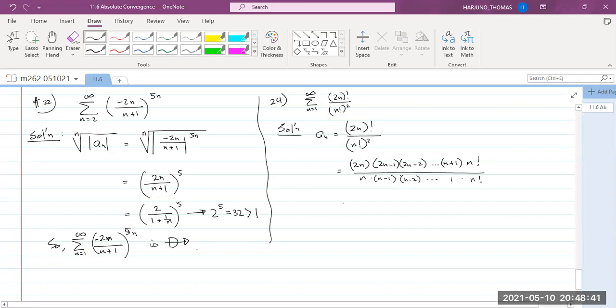Okay, which is equal to, the n factorial cancels. So basically it becomes the following. The first term here, that will be 2. Okay, that will be 2, the first term.